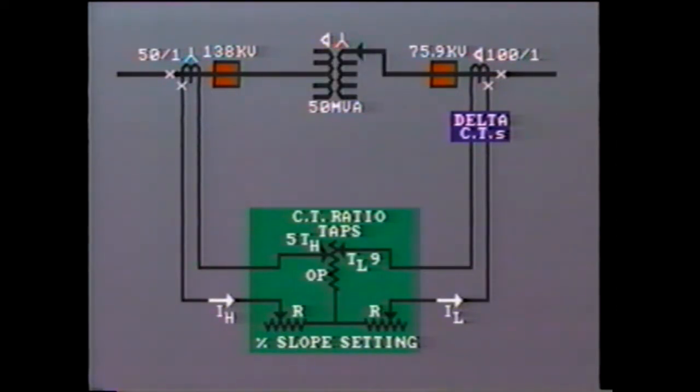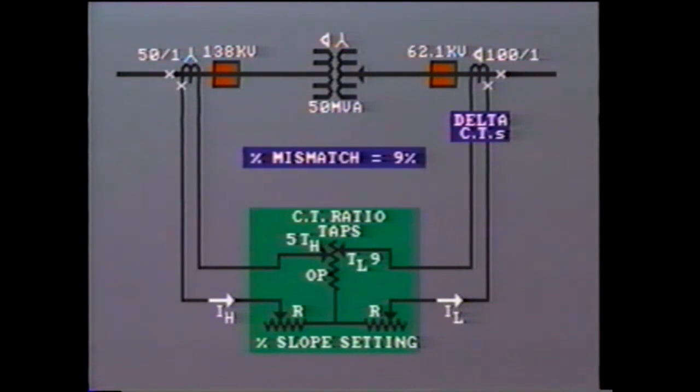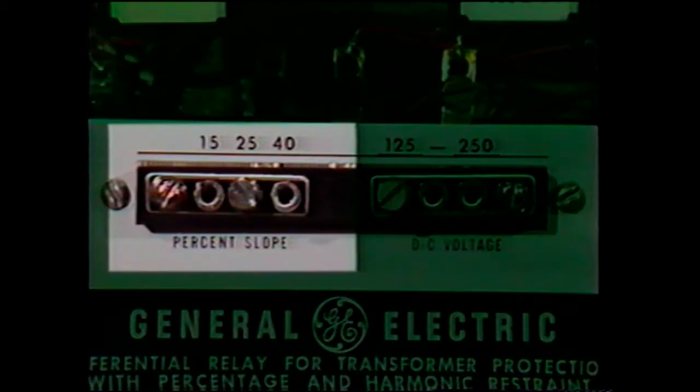So it is still less than the restraint coil percentage differential setting, indicating that the differential protection will operate correctly throughout the upper range of tap changing. Incidentally, if you go through this exercise again for the minimum tap setting, that is a secondary voltage of 62.1 kV, you'll find that the mismatch comes out to 9%. Knowing the range of possible mismatch helps you set the percentage differential, that is, the slope of the relay.